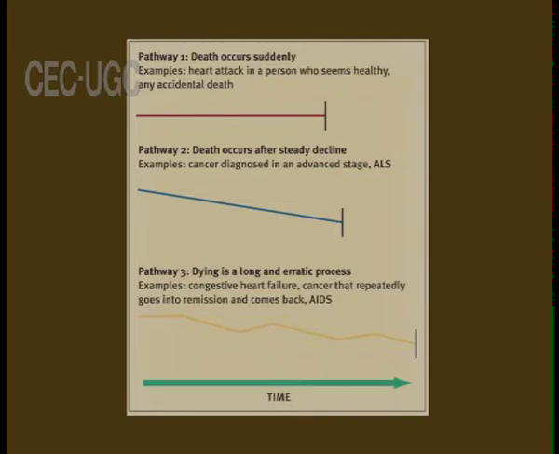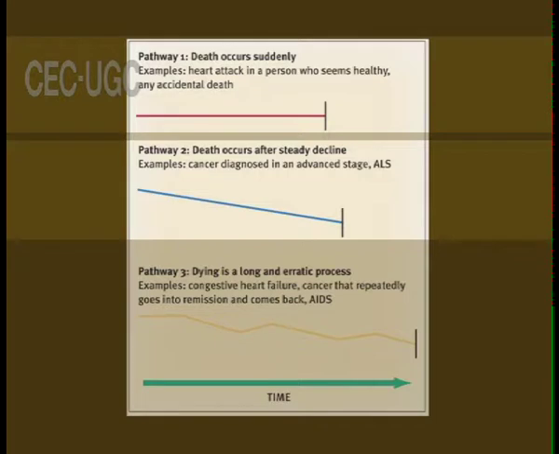In this figure you can see that the first dying trajectory indicates people dying without any warning, that is sudden death, in this top line which is straight, and this graph indicates that there is sudden death. Coming to the second type of dying trajectory, you have this blue line which is going downwards, which indicates that the patient is suffering from a chronic disease and there is a slow decline till the point of death.